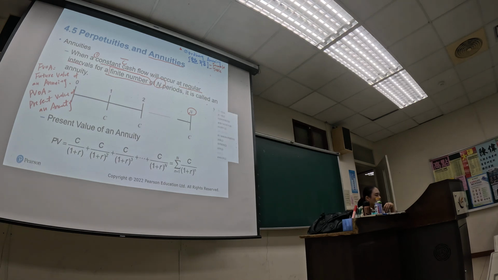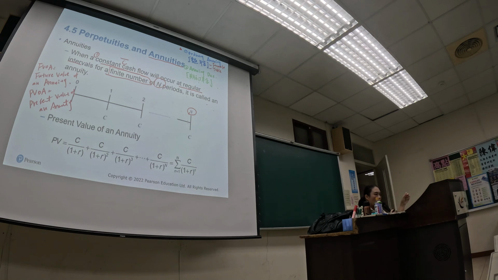Okay. The second type of annuity is what we call annuity due. This means your first payment happens at time 0. Annuity due does not apply to our table, nor our formula.